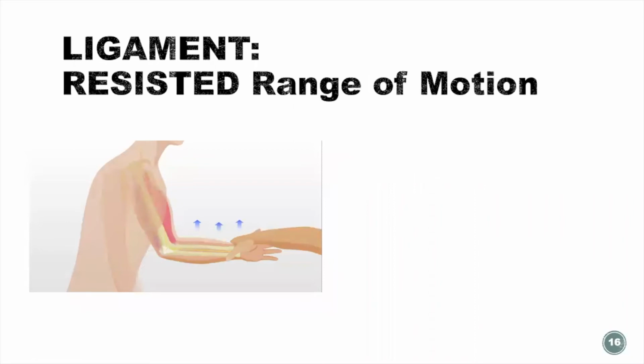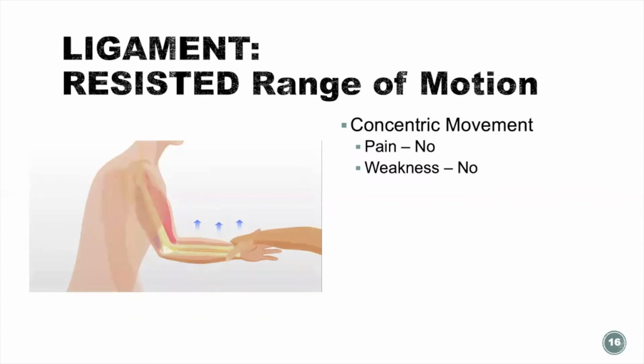So now we're going to take lastly for the ligaments and look at that resisted range of motion. So now we are resisting the motion either in the flexion or extension while they are trying to perform it. And what we'll notice is that there's no pain and no weakness during resisted ranges of motion. When the ligament is the thing that is damaged, when it is not moving, there isn't pain associated with it.